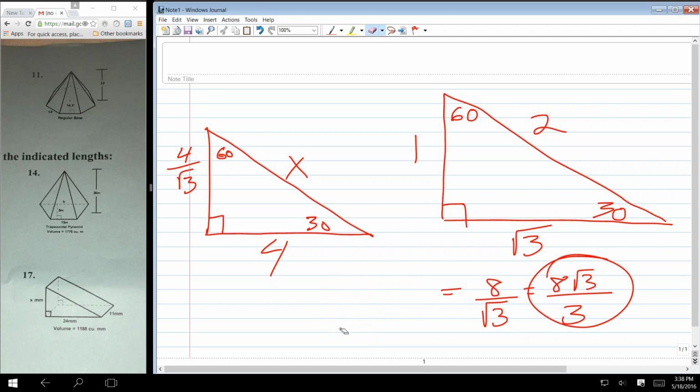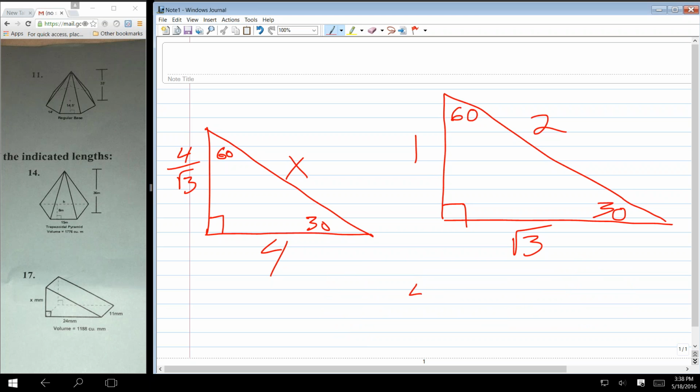But that needs to be rationalized. And so that would be 4 root 3 over 3. You with me? Yeah. Okay.